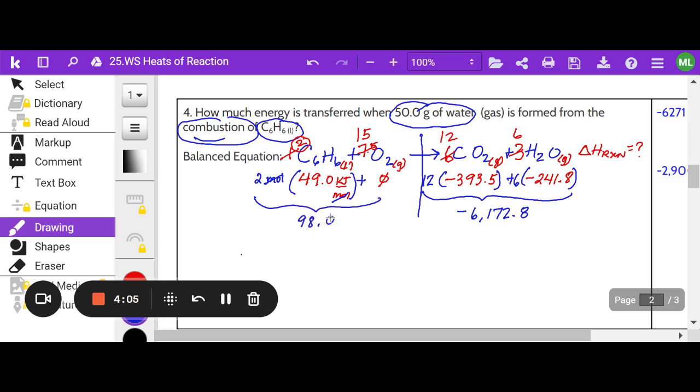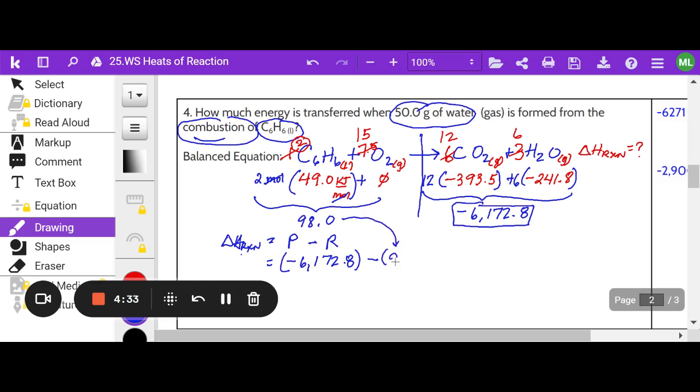Okay, so the heat of the chemical reaction is equal to products, which are, these are the products, right? Minus reactants. The heat of formation of the products minus reactants equals, products is negative 6,172.8. Okay, that's the product, minus the reactant is this one right here.